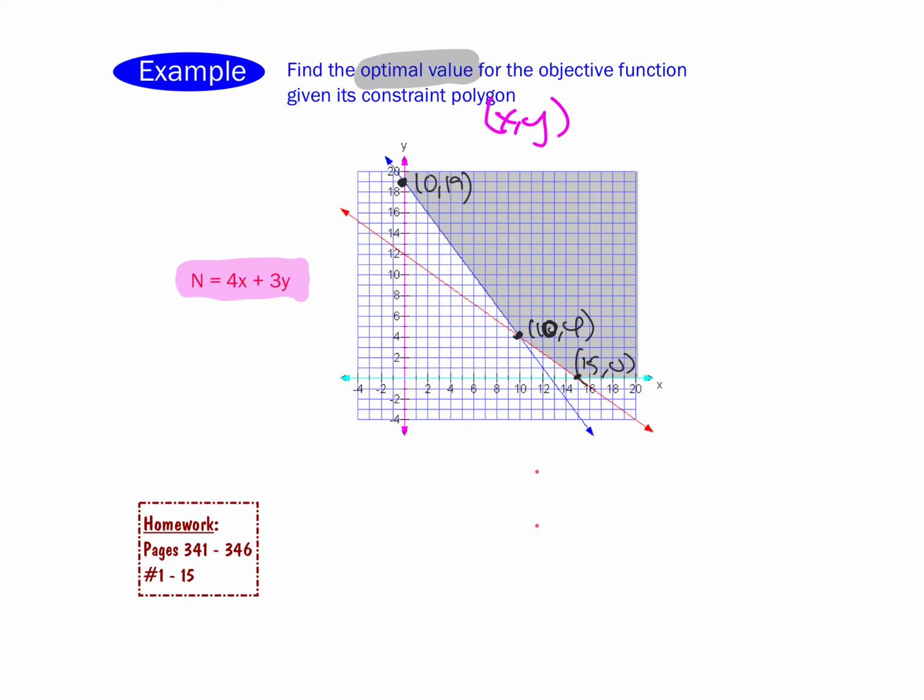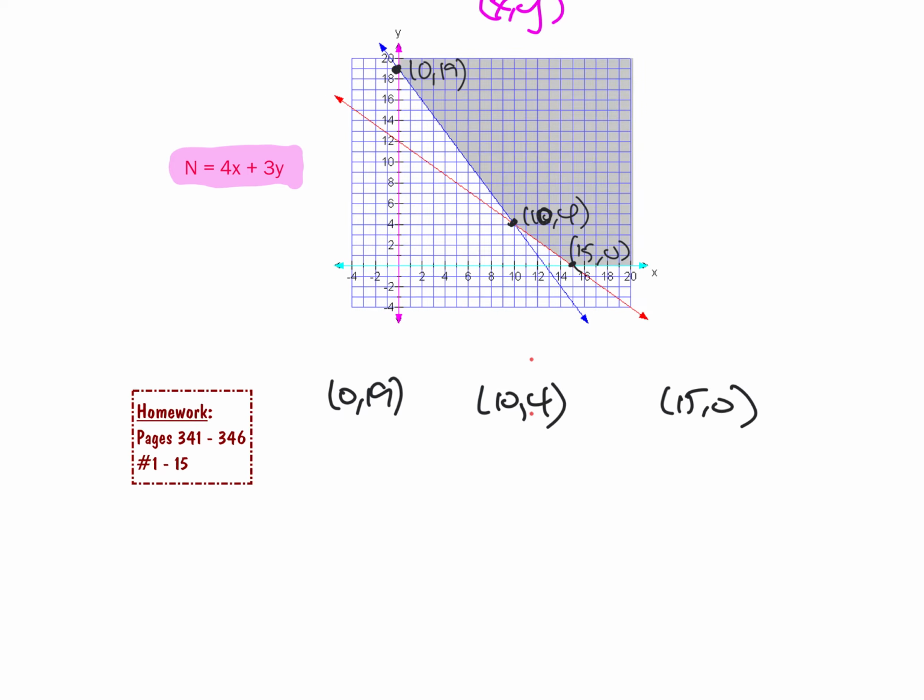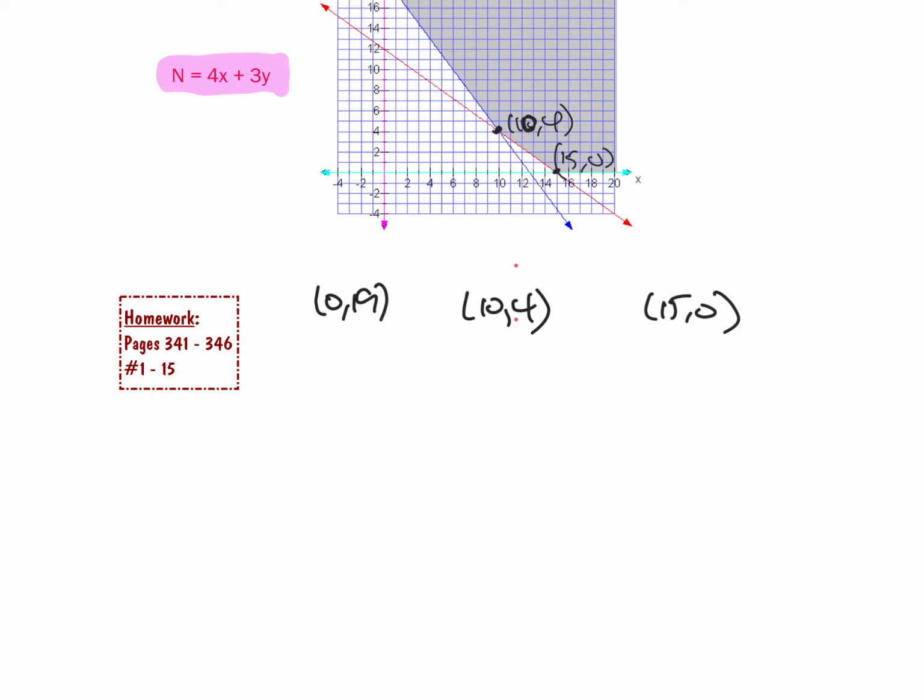So we have three ordered pairs: 0, 19; 10, 4; and 15, 0. We want to minimize the objective function, 4x plus 3y, and we won't know which ordered pair minimizes it the most until we substitute all those ordered pairs in.